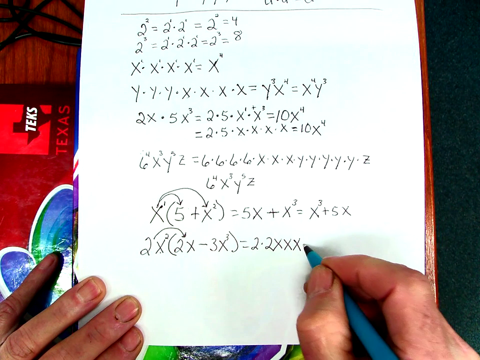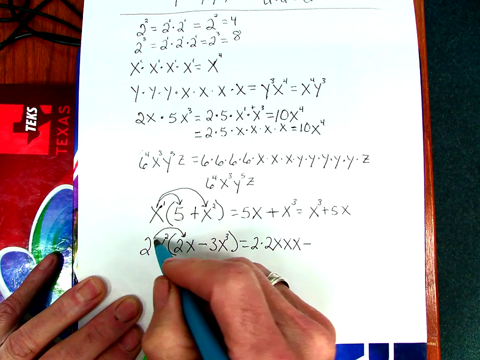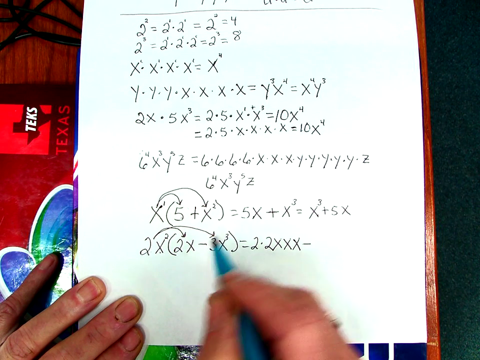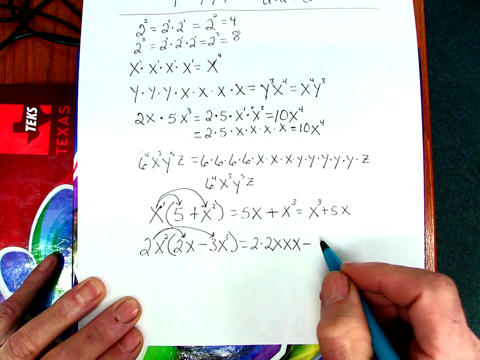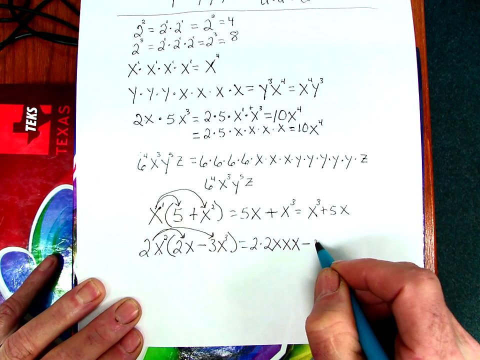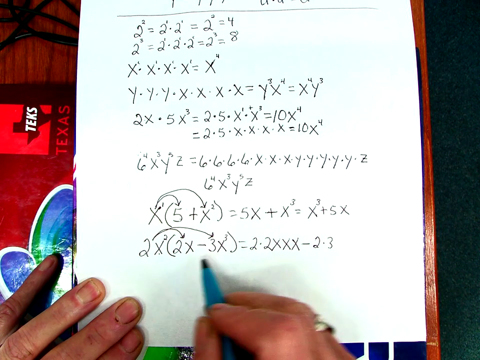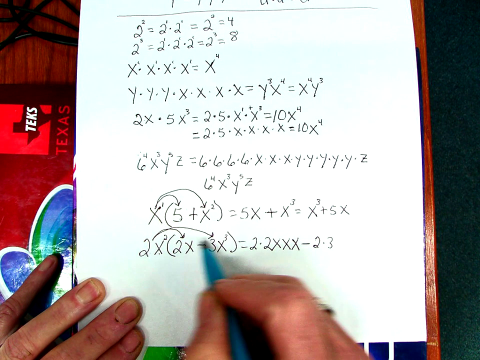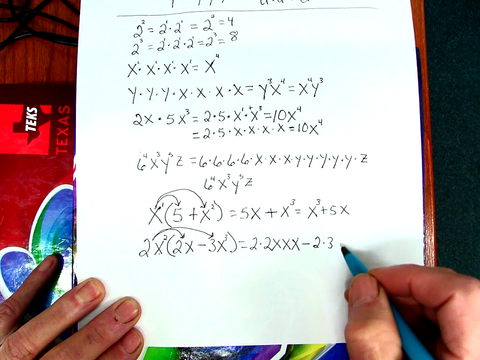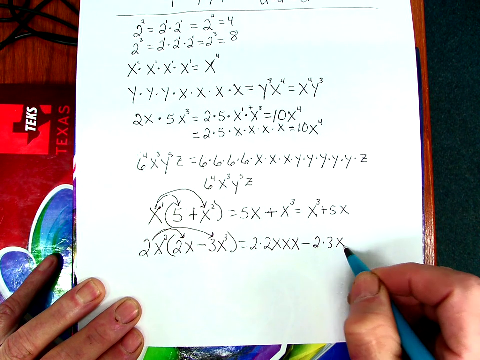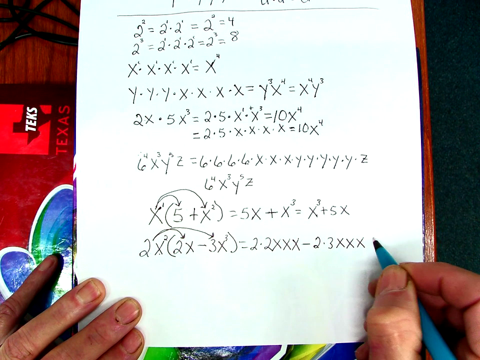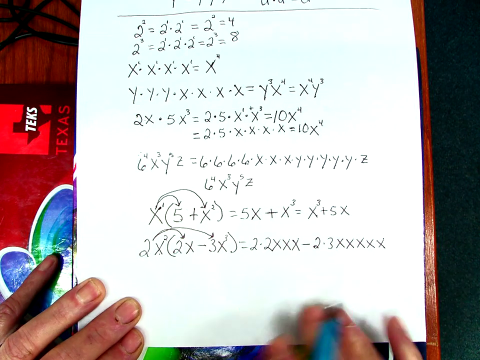Now the minus sign. So here we go. It's 2 times 3, and x to the second times x to the third. That's 5 altogether. So 1, 2, 3, 4, 5.